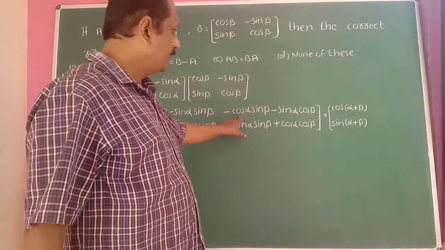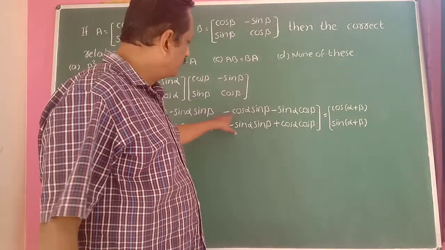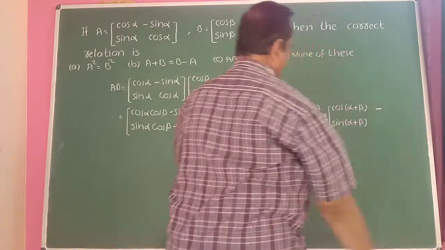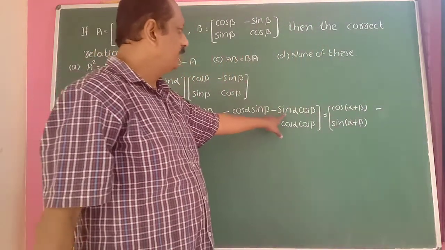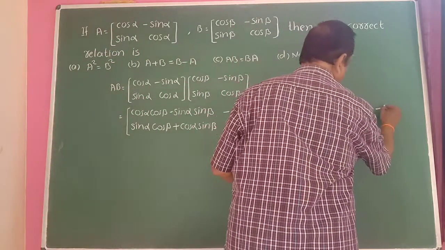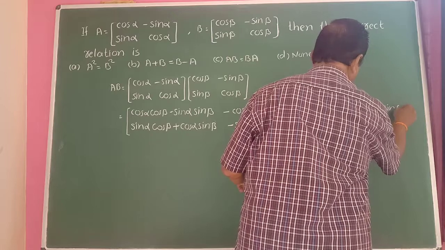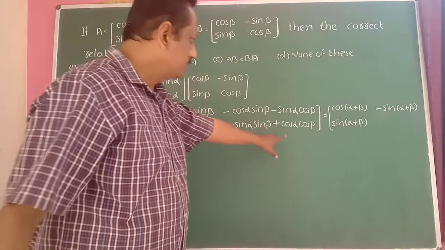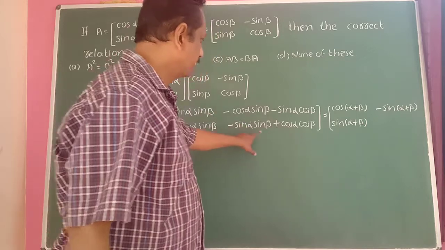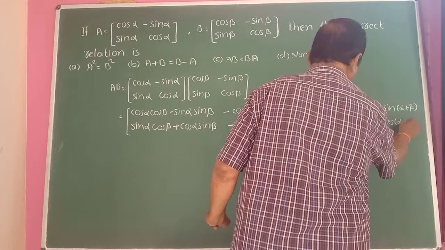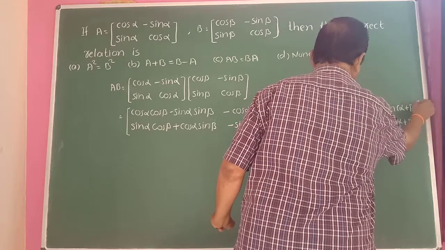And here both the negative terms take minus common, so write minus outside: sin alpha cos beta plus cos alpha sin beta is sin of alpha plus beta. And cos alpha cos beta minus sin alpha sin beta is cos of alpha plus beta.